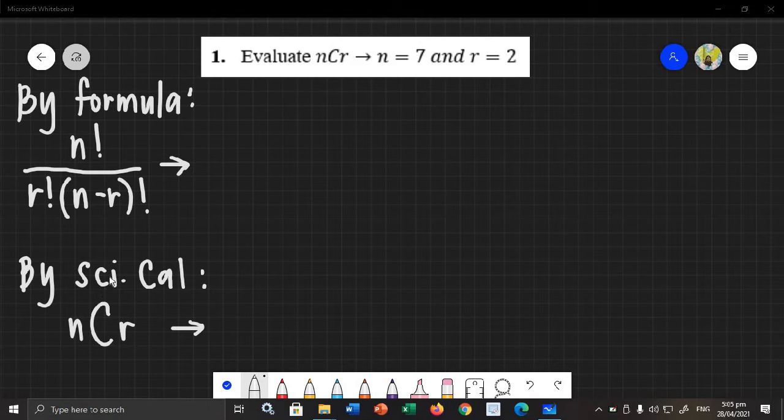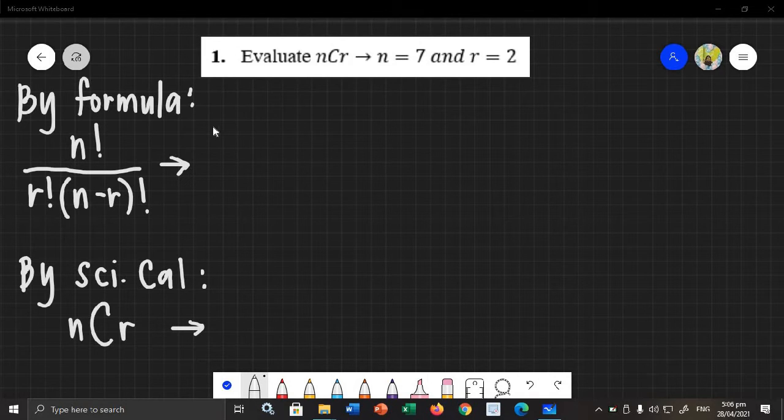But if you have a scientific calculator, then you can just identify first the value of N and R, and type it on your scientific calculator and it will show you the answer. But first, let's use the formula to find how many combinations there are in example number 1.